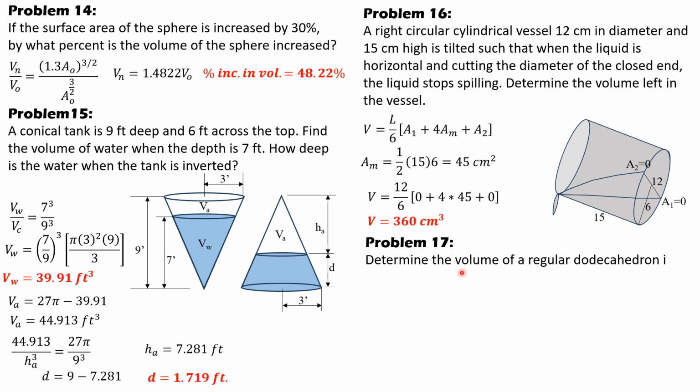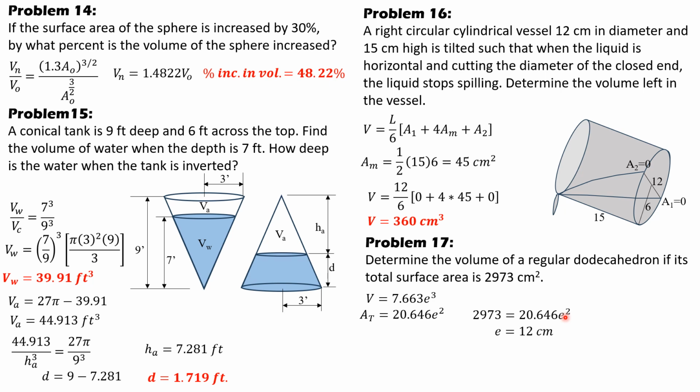Problem 17, determine the volume of a regular dodecahedron if its total surface area is 2,973 square centimeters. So for the volume, it is 7.663 E cubed. And to solve for E, because the total surface area is known, and the total surface area is 20.646 E squared for a regular dodecahedron, then from here, we can solve for E. So 2,973 equals 20.646 E squared.